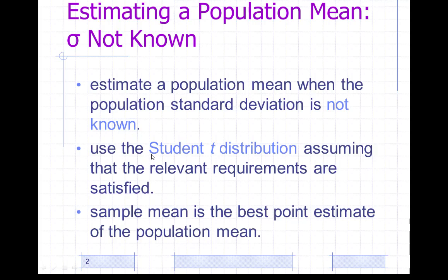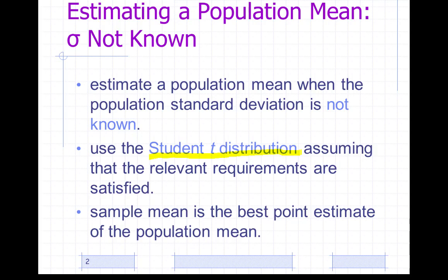introduce a new distribution called the student t distribution. That distribution comes from a statistician, Pearson, and he worked for the Guinness Brewing Company, and he used statistics to improve the brewing.